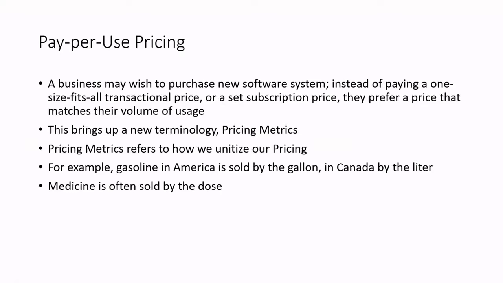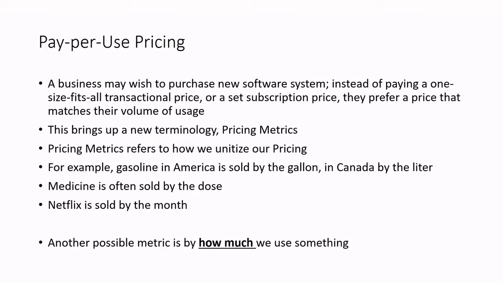We can just take the pricing by dose times the number of doses, and that gives us the daily cost of the medicine. Interestingly enough, Netflix streaming service is sold by the month, which is actually a subscription type of pricing situation.